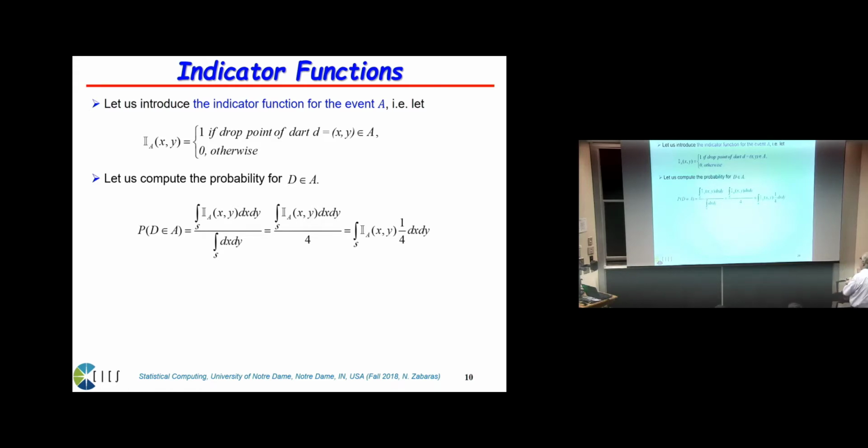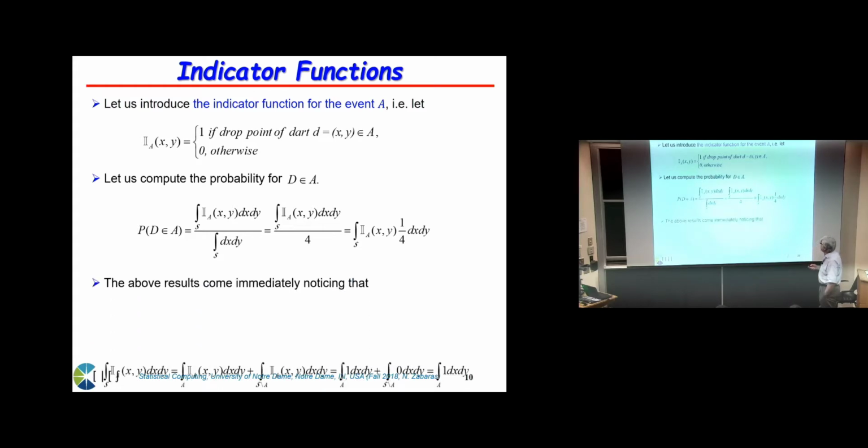So here, again, don't be bothered about whether this is a function of x and y, or a random variable, times this probability that you told me is 1 over 4. So what is this integral? It is the expectation of this indicator function under this uniform probability 1 over 4.